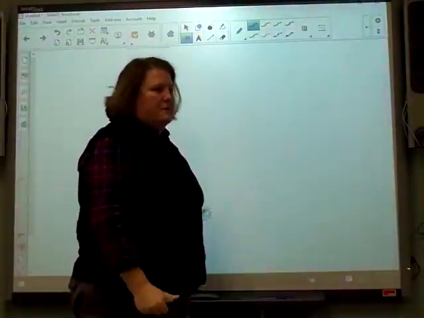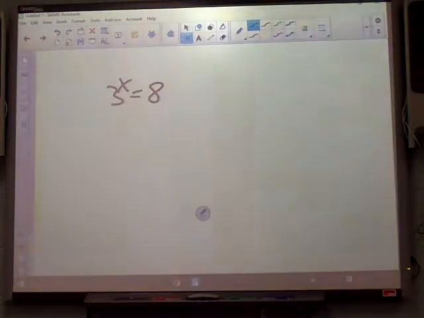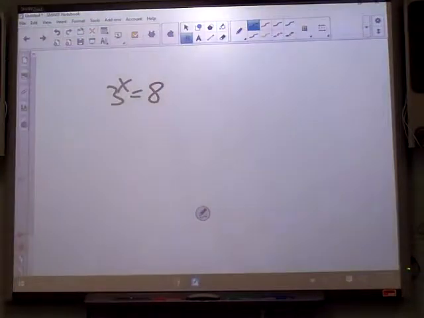Alright, see if you can get that one. This is just like the one we just did. Solve for x: 3 to the x equals 8. Common sense, check yourself. I know the answer's got to be almost 2, because 3 squared would make 9, but I need 8.